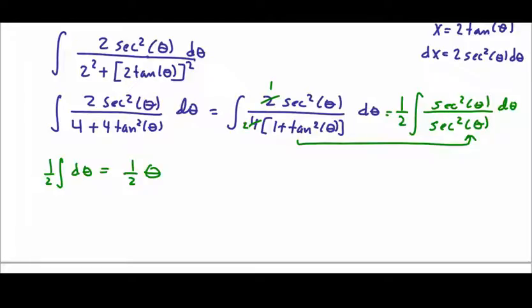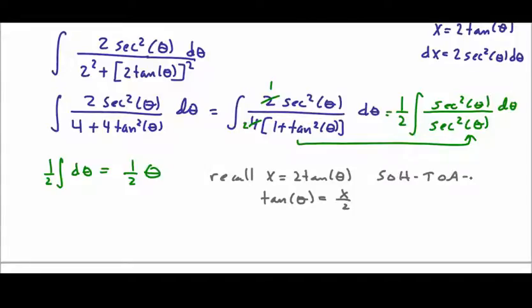So from here, if you'll recall, from above, I let x equal 2 tan theta. Well, if I solve for tan theta here, I get tan theta equal x over 2. Now if you remember your right triangle trig, the acronym SOHCAHTOA, this gives the ratio of our trig functions.